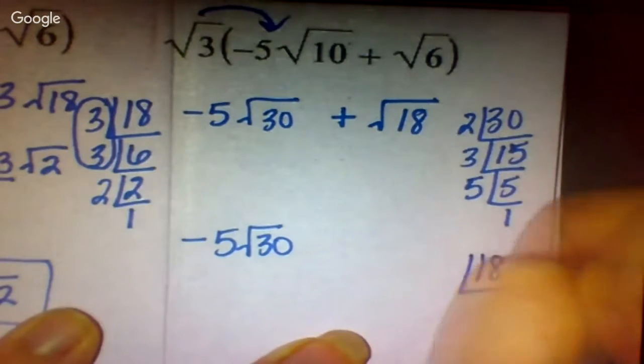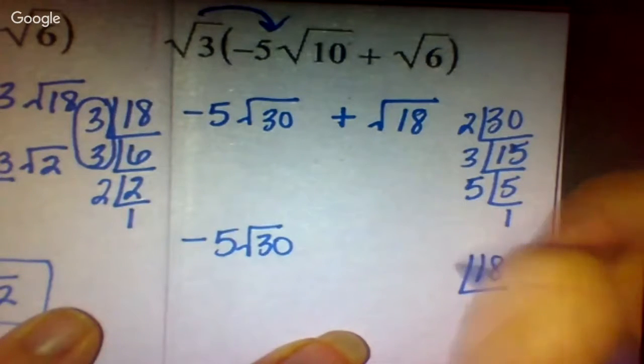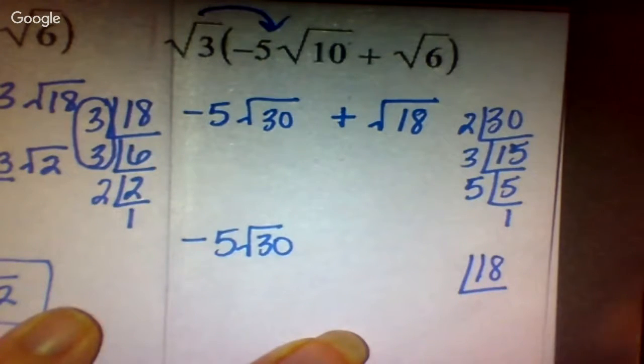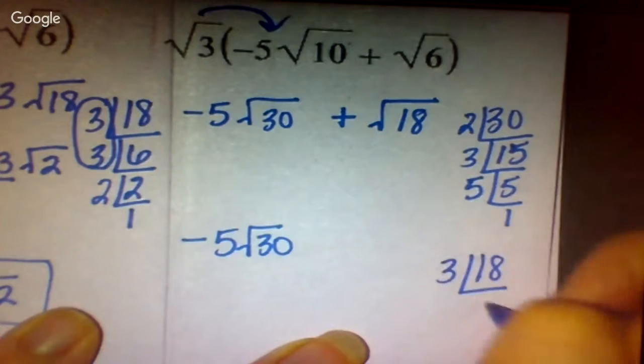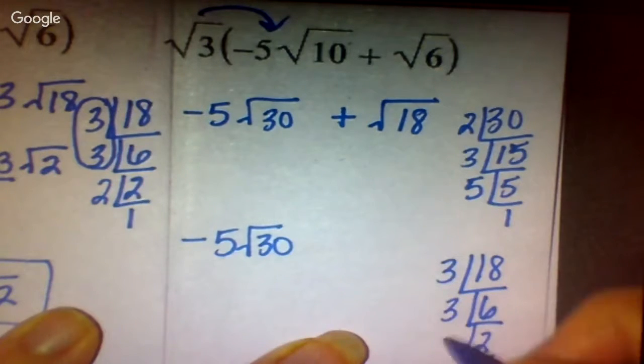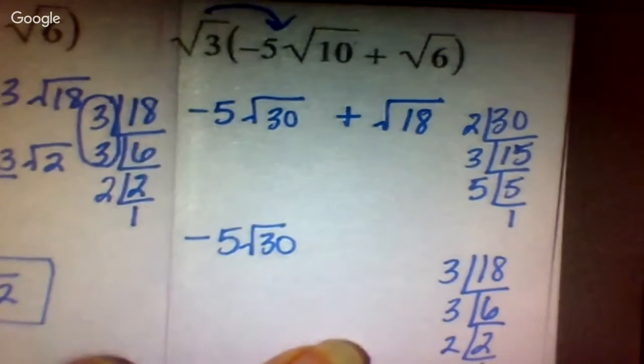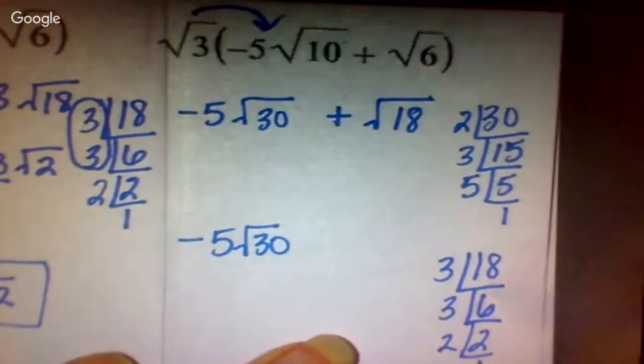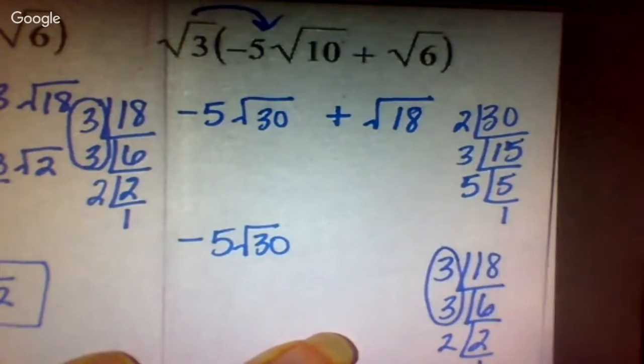The other one is 18. Let's break it down. Remember, prime first. 3, so 3 and 6. 3 and 2. 2 and 1. What can I circle this time? I have a group of 3s.